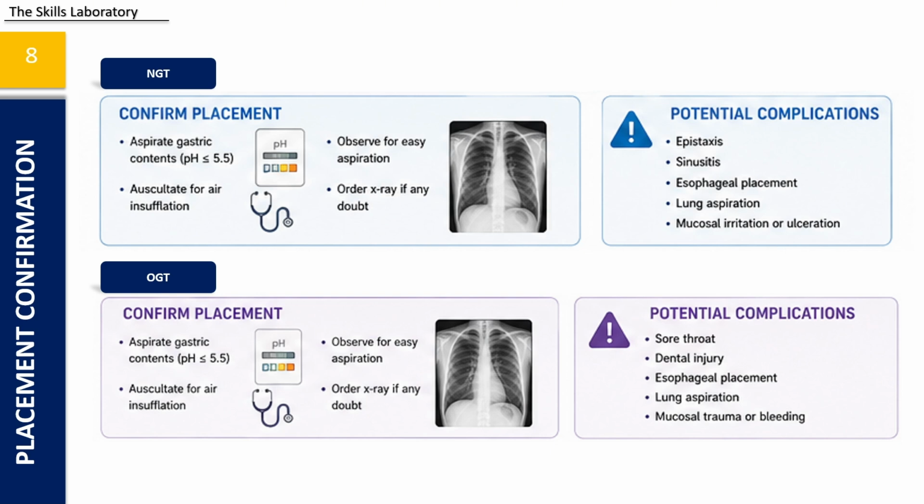Second, the most commonly practiced by the physicians is the auscultation for air insufflation. So when you have a tube, you open the tube that has already been inserted, and you try to insert the aseptic syringe, and then make sure that your stethoscope is in your ears.